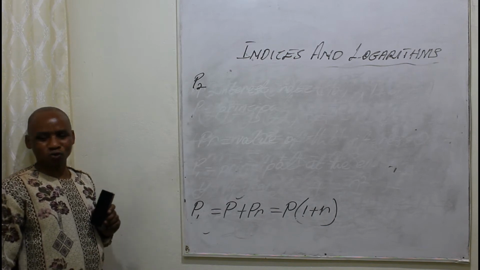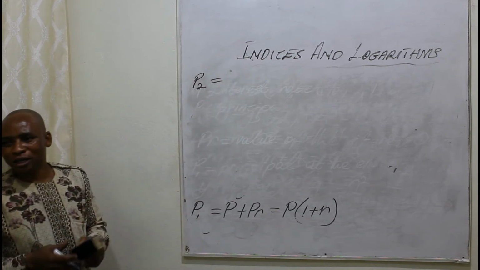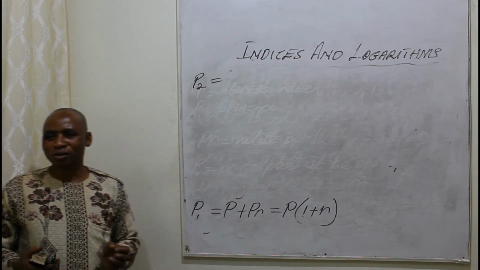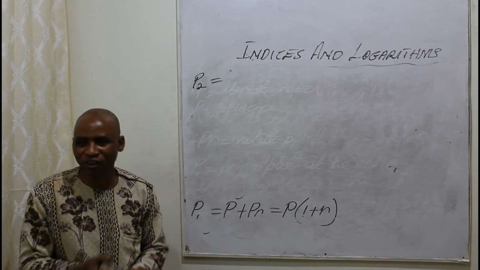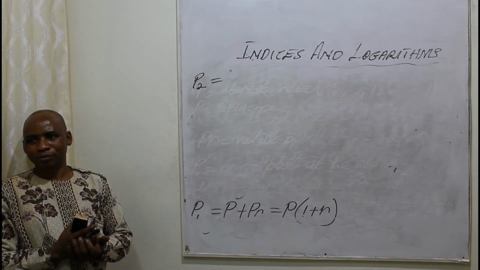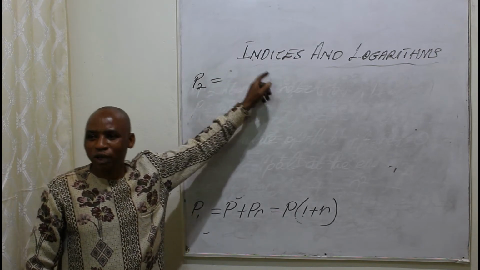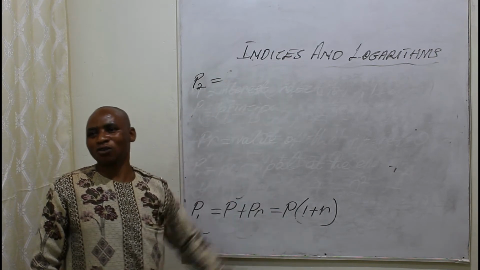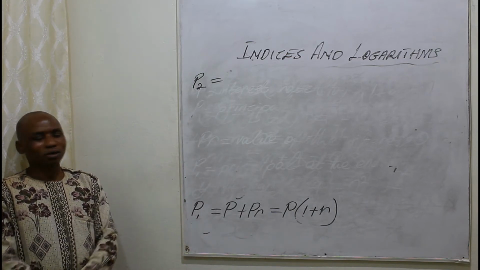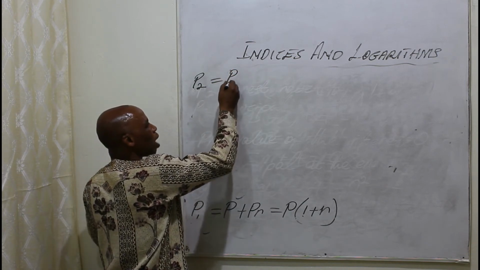That P sub 2 will be the principal you generated, or the amount you earned at the end of the first year, plus the interest at the end of the second year. So in this case, it will be P1.